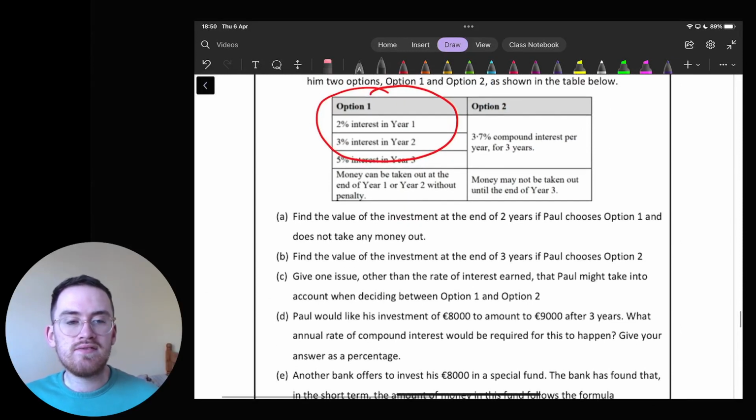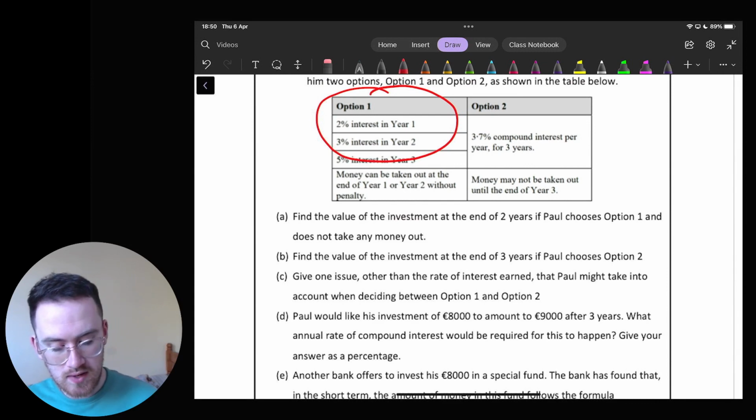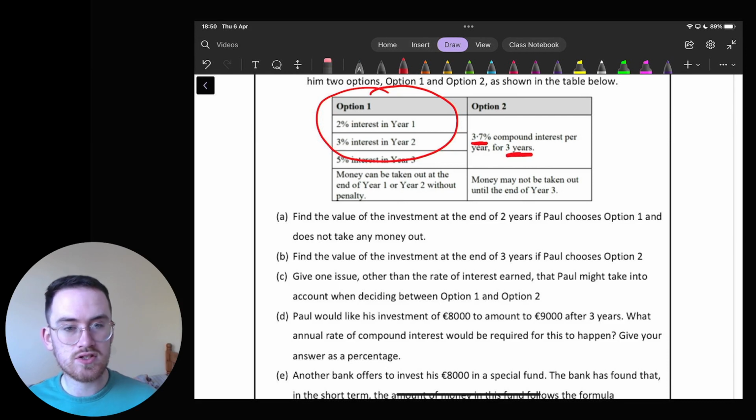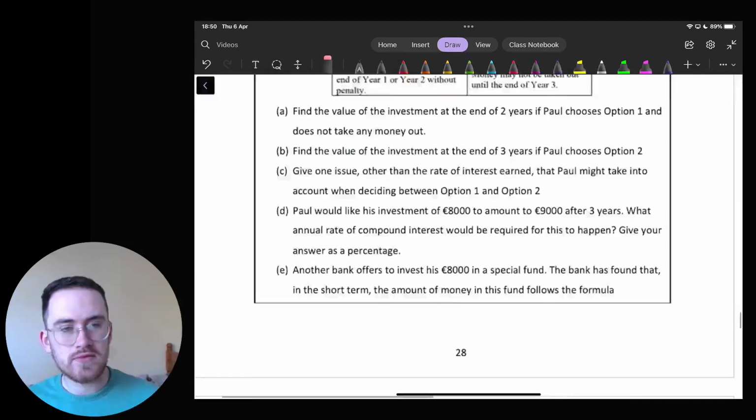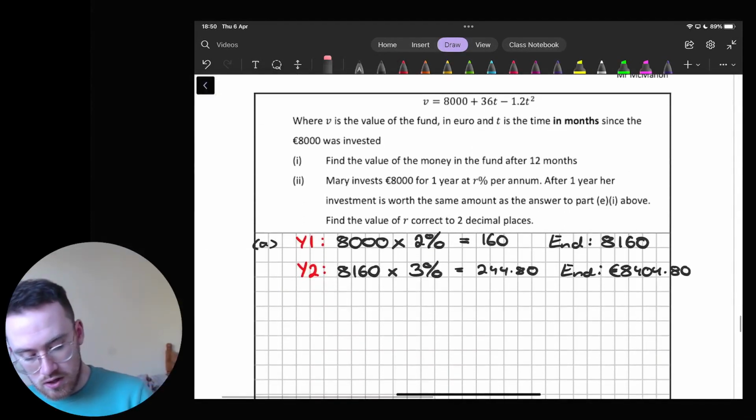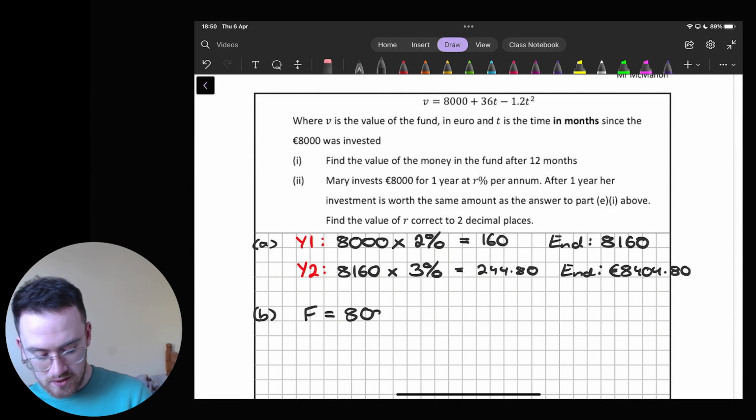Okay, find the value of the investment at the end of 3 years if he chooses option 2. So for 3 years, for option 2, it's a rate of 3.7% compound for 3 years. Now, compound is what we're looking at here. It just means the interest is added on. So here we can use our formula because our interest rate isn't changing. We're not taking out any money. I'm looking for the future value. I put in 8,000.